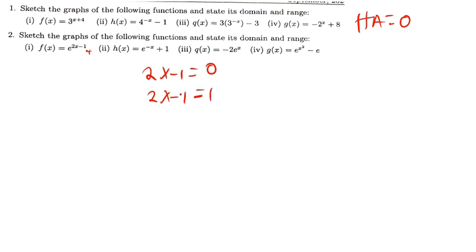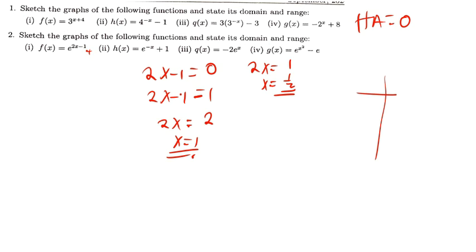For the first one, 2x is equal to 1, then divided by 2, x will be equal to half. The second one, 2x equal to 2, then x is equal to 1. Have your coordinates: the first one you have got 1 over 2, then you have got 1.